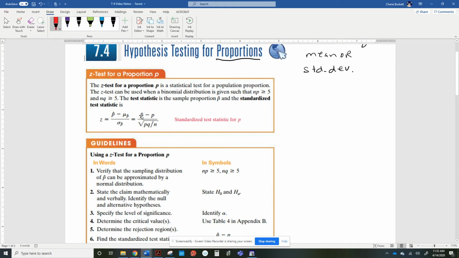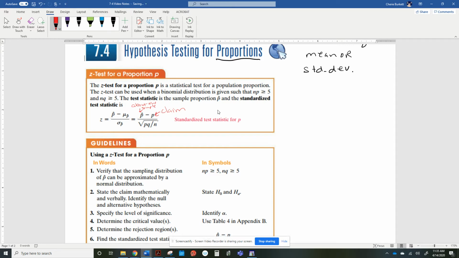The p hat is information written in the claim... this will be about the sample. So they'll be telling you about the sample.